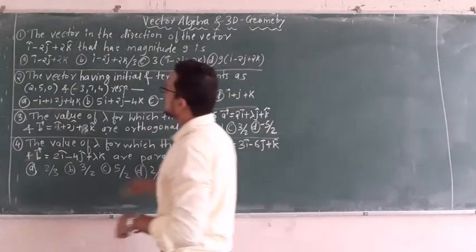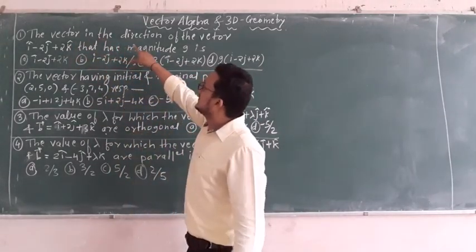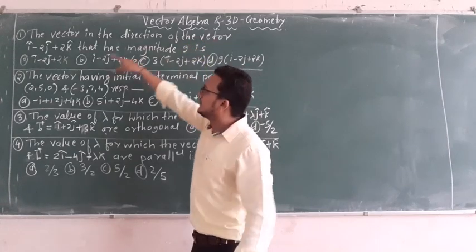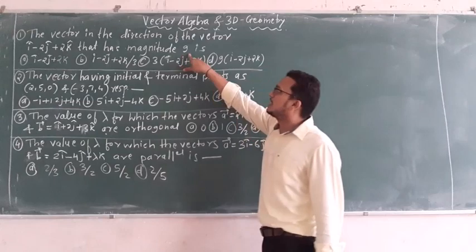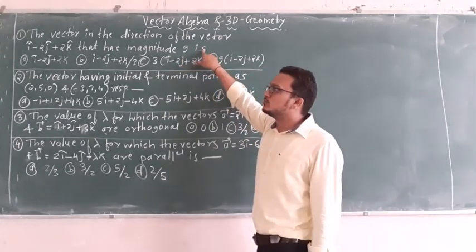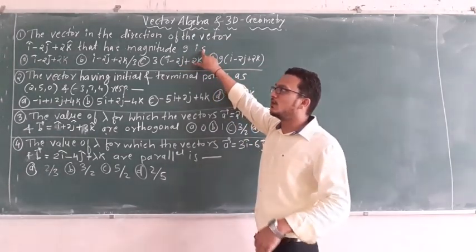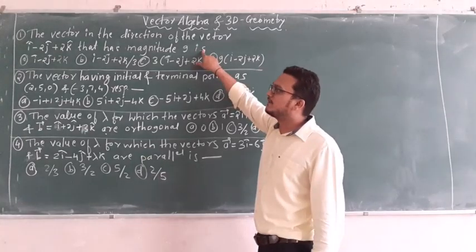The first question is: the vector in the direction of the vector i minus 2j plus 2k that has the magnitude 9 units is. I think we have already done this in the theory exam also. How to simplify this?